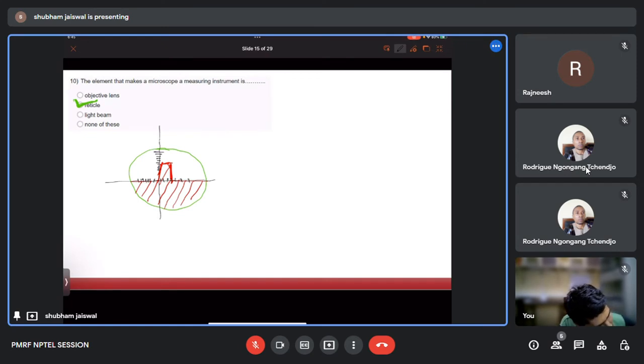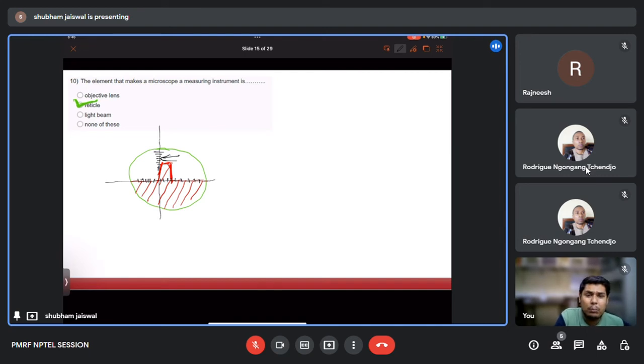These markings are repeatedly spaced, and using these markings, we can do the measurement. So only the reticle makes a microscope a measuring instrument. If the reticle is not there, we can't do the measurement.